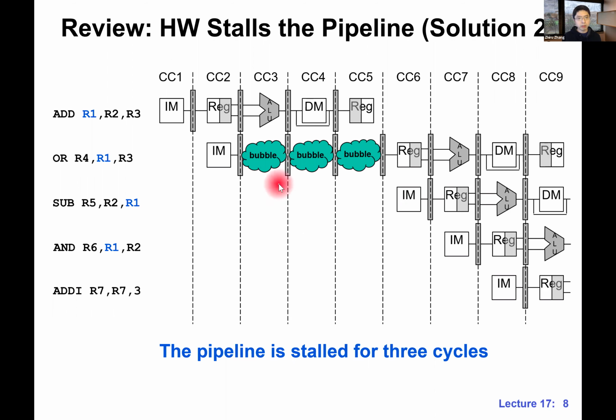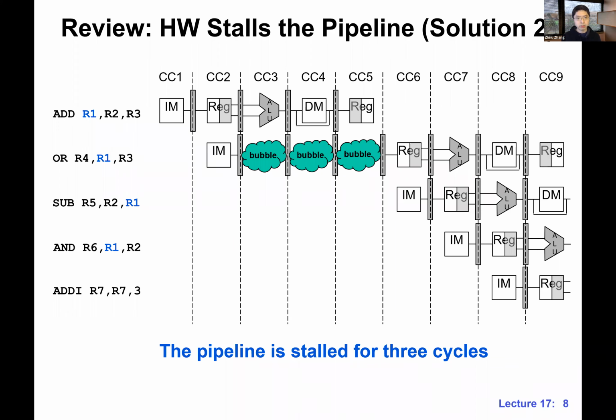Then the hardware can insert these bubbles. These are basically the same as no ops, but they are inserted on the fly at runtime by the hardware, not by the compiler. The compiler is doing the compilation offline. That's also one dumb way for us to resolve this kind of data hazards.